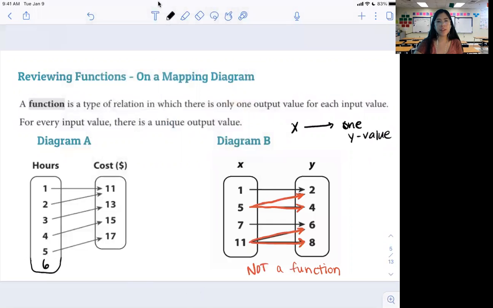Is that still a function? So Lauren says no. One output value for each input value. This one's tricky. I'm giving y'all a trick question. Yes, no.